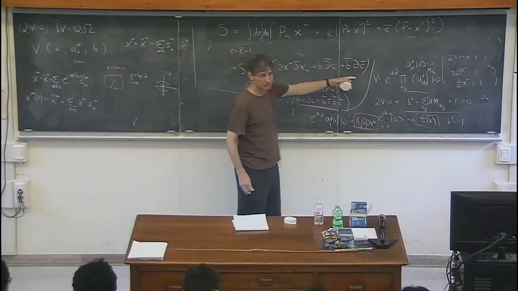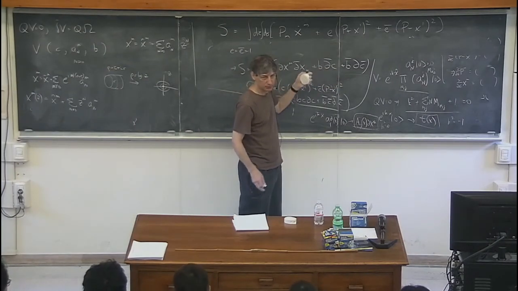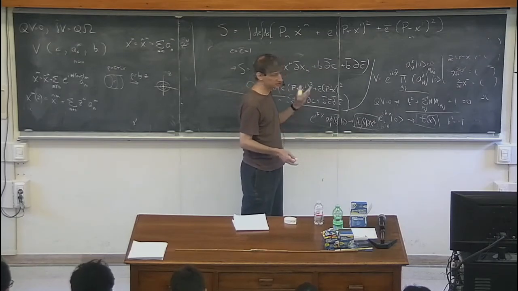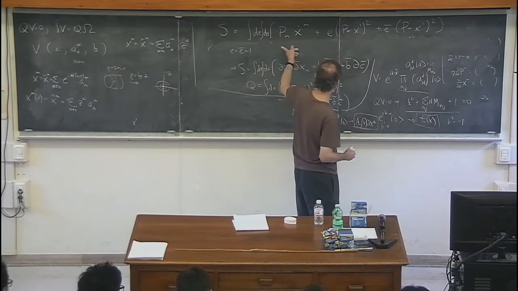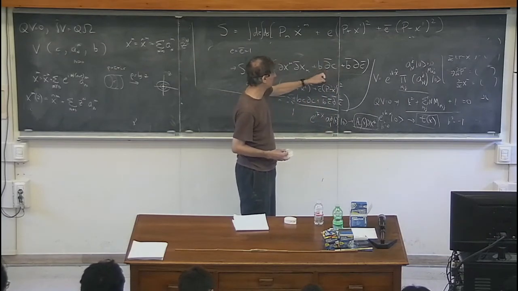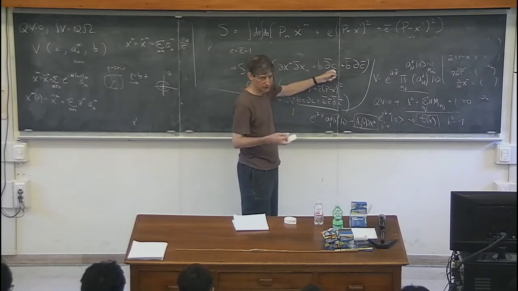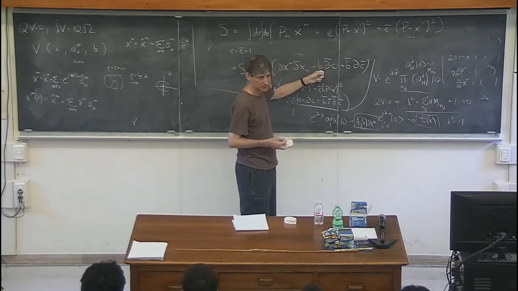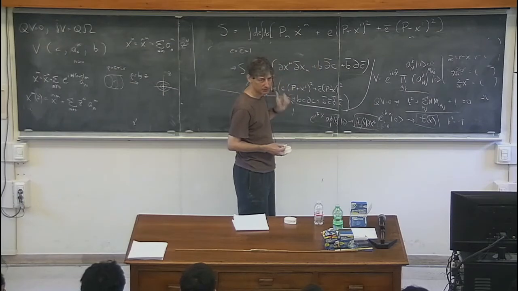I haven't told you which are the coordinates and which are the momentum, or which are the creation operators and which are the annihilation. So with my relativistic particle, remember I only had the 0 mode of c and the 0 mode of b. So I chose the c to be the coordinate and b to be the momentum. I could choose all the c's to be coordinates and all the b's to be momentum, but that's not a very smart choice. So we'll see why in a second.